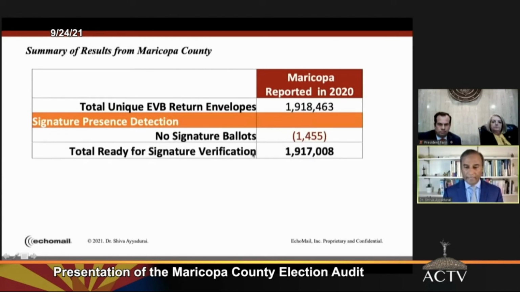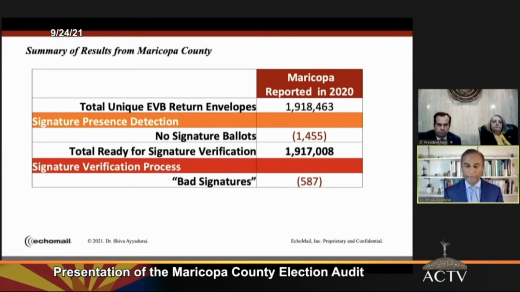And at the end, there was an amount of 1,917,008 ready for signature verification. And as a result of that, 587 were found to have bad signatures. Now in signature verification, it's a detailed process, you can read the report, but counties vary, and Maricopa is considered, along with Florida, apparently, to have one of the better signature verification processes.